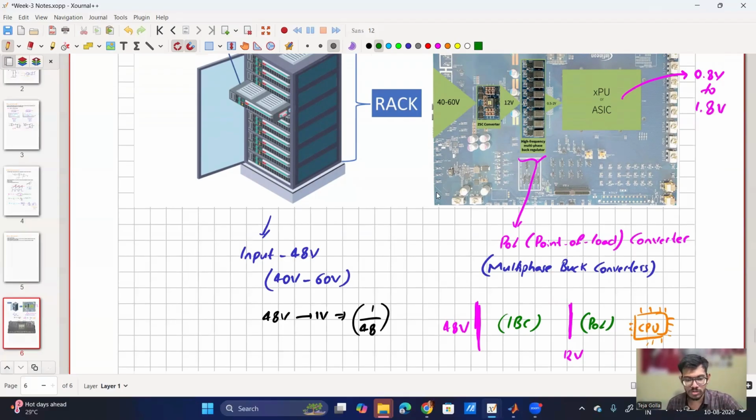Because then the duty ratio will be 1/12 instead of 1/48. The requirement of the PoL is to supply whatever power the CPU is asking for, and the requirement there is transient performance. Say I have turned on the laptop and kept it in idle mode.